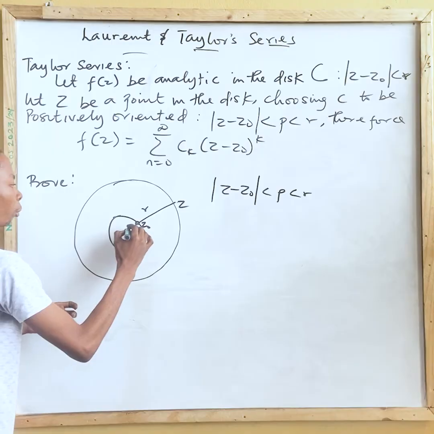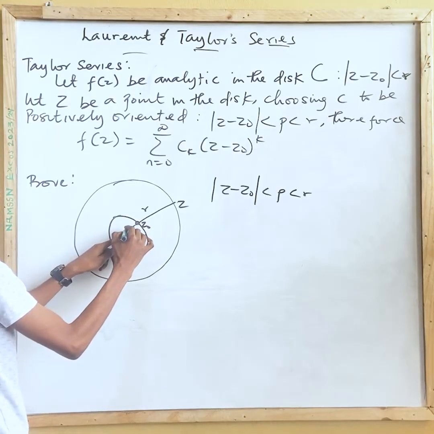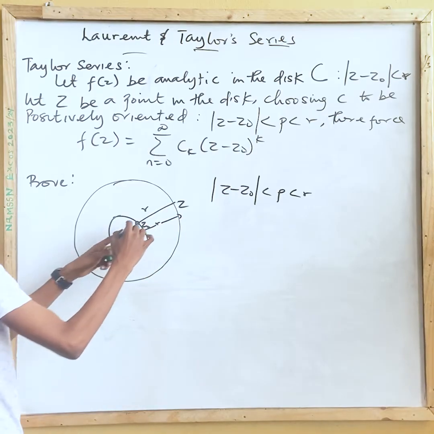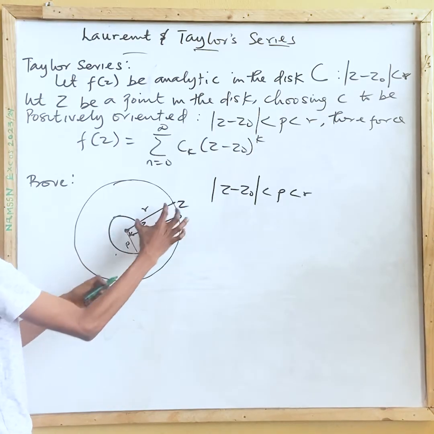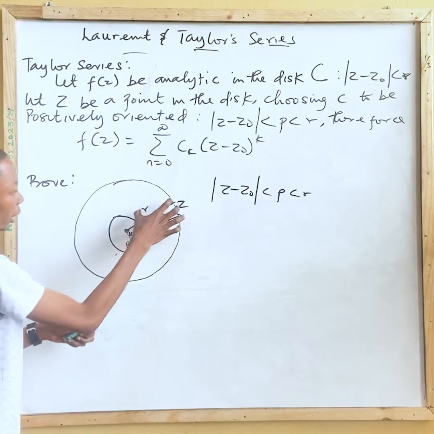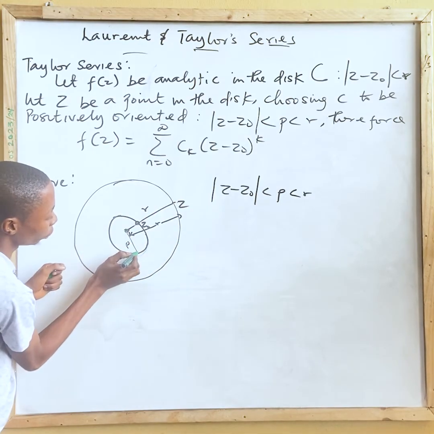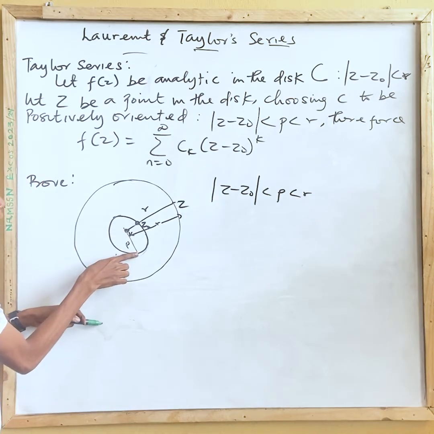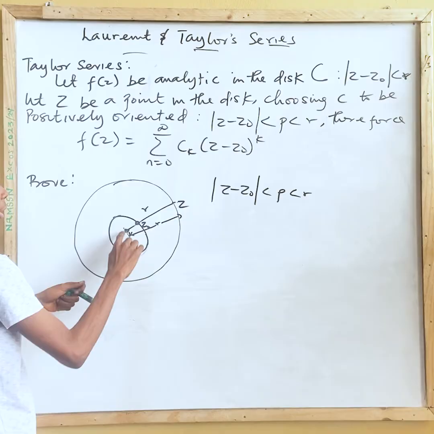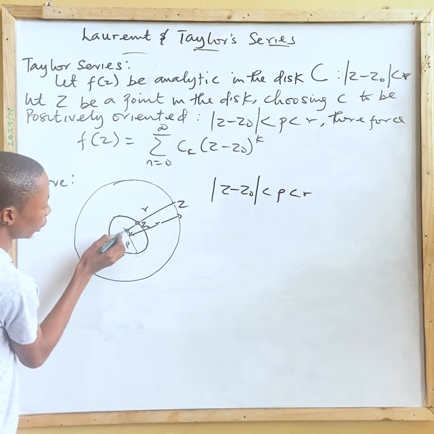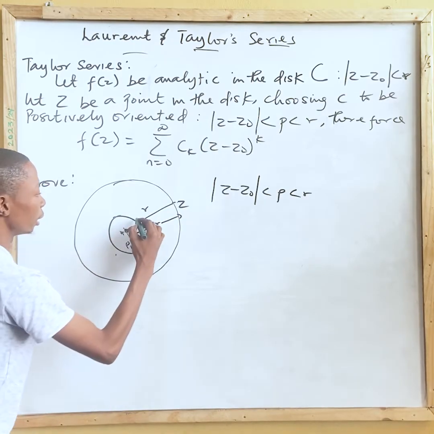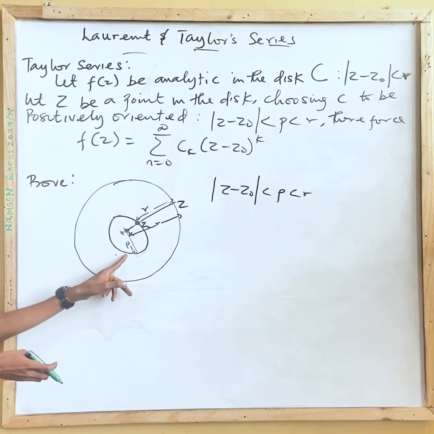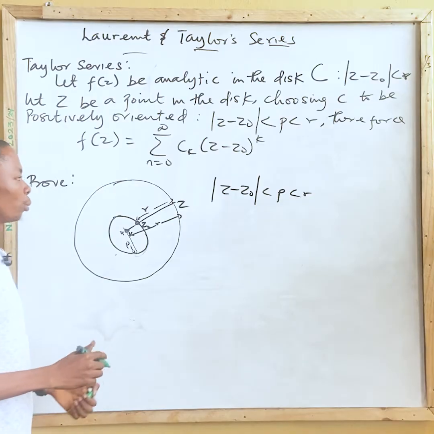This is r, the radius of the circle. So if you are moving from z to z naught, the distance from here to here is definitely bigger than the distance from this region to this region. So z minus z naught is less than p, and this p is definitely less than r. Look at it, the distance from here to here and from here to here, definitely this one is longer than this.